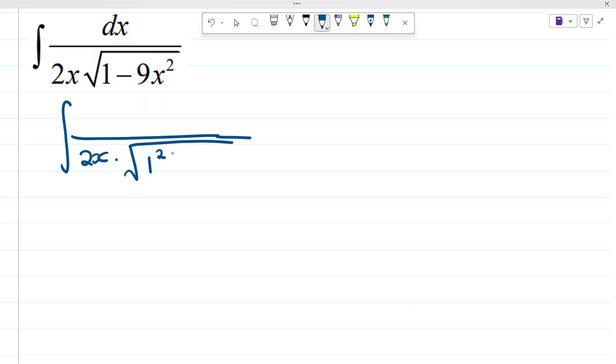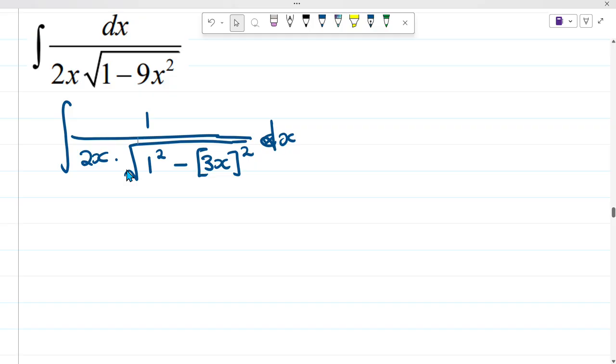I've got my 1 squared there minus, so 9 is the same as 3x squared, and then here I've got my dx there. On my numerator, I have my 1. So what damage have I done to the equation? I only changed 9x squared to 3x squared. And 2x, I didn't do any damage to it. I kept it the way it was.